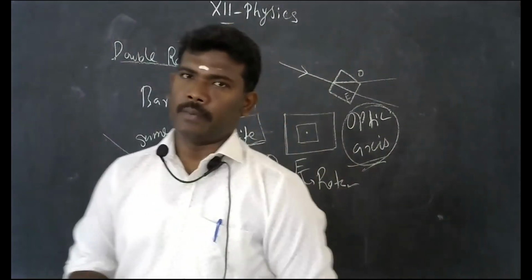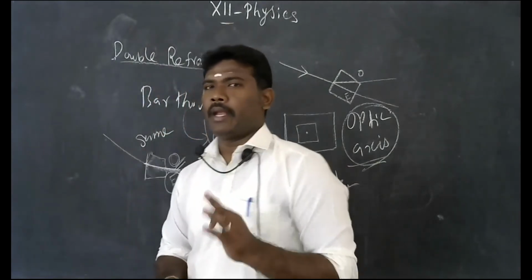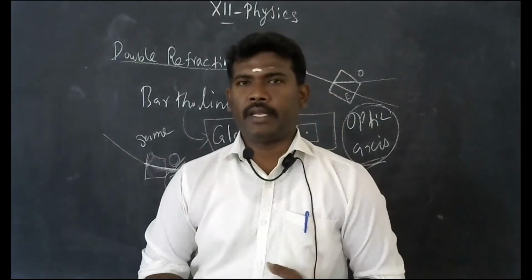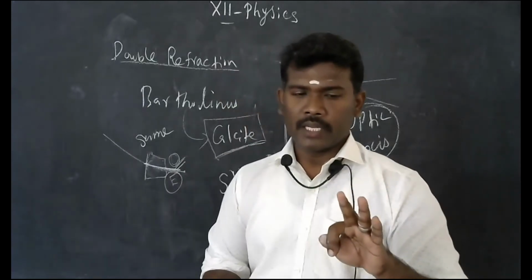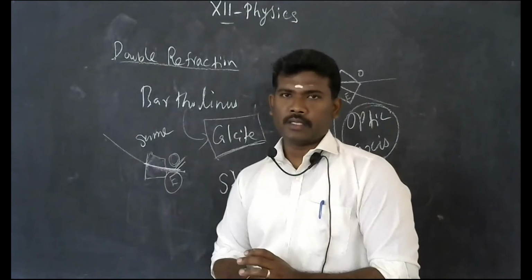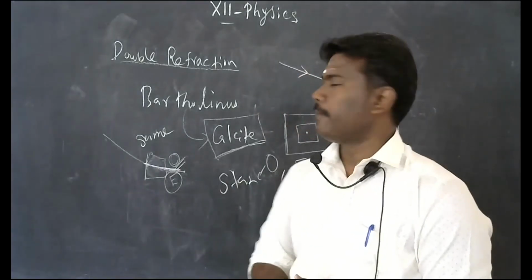So we have three main differences between the ordinary and extraordinary rays. One is related to the velocity and refractive index, another is with respect to the optic axis, and the next one is related to the wavefront. Okay, right. This is the difference between ordinary and extraordinary.